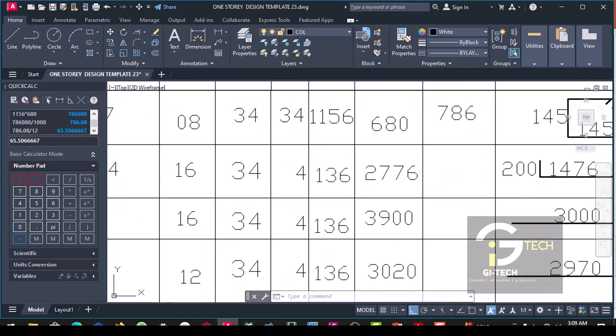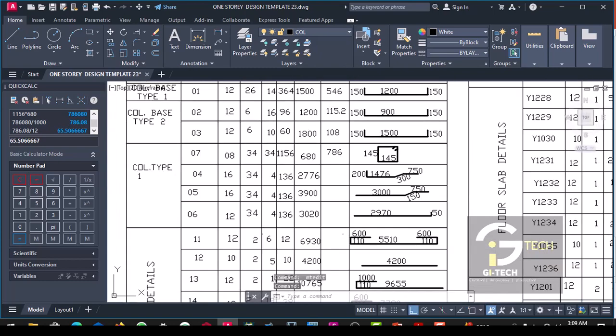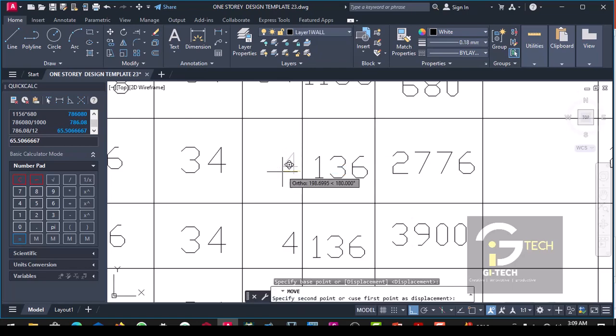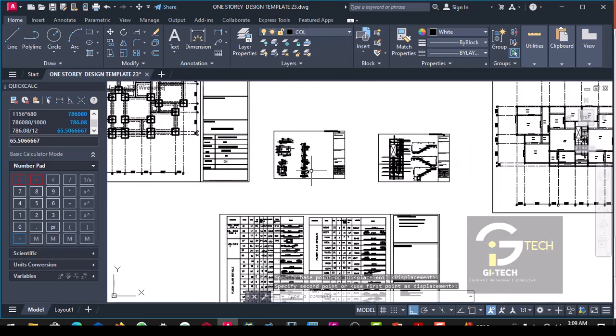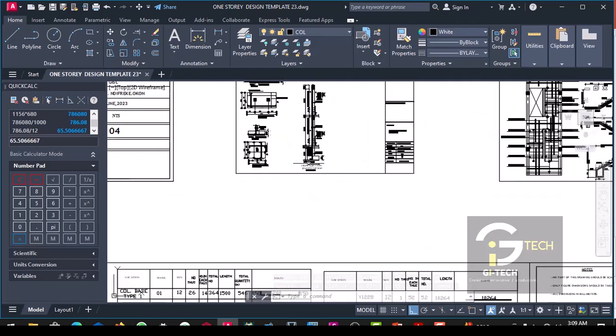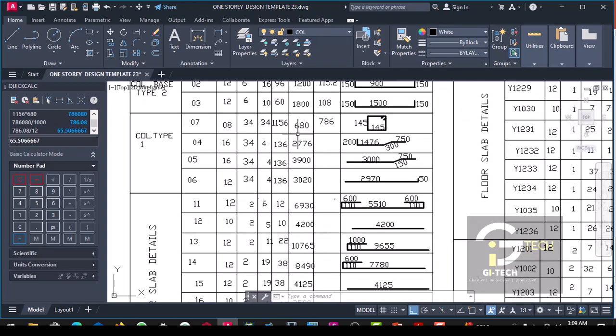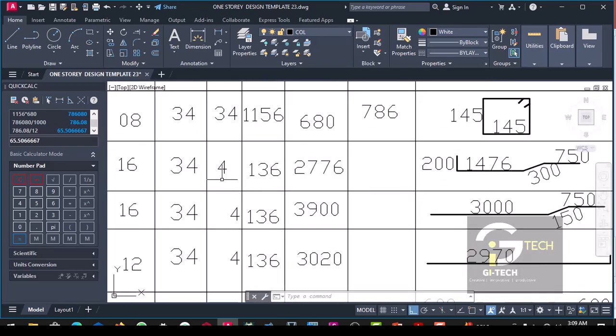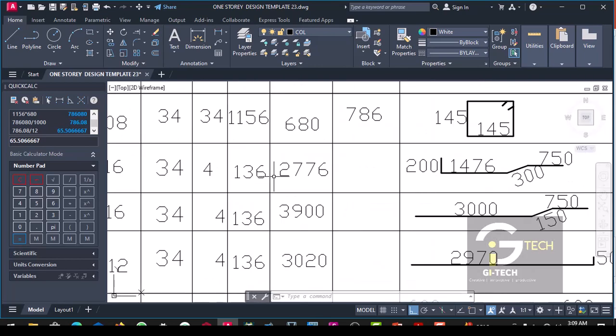Then the number of columns is 34. The number in each is 4, as you can see here. So 4 times 34 will give us 136.